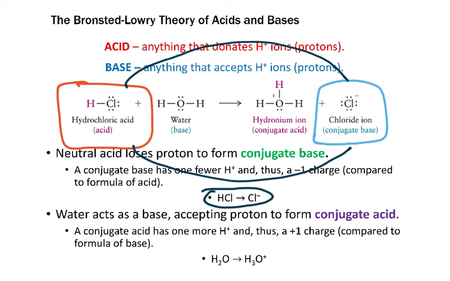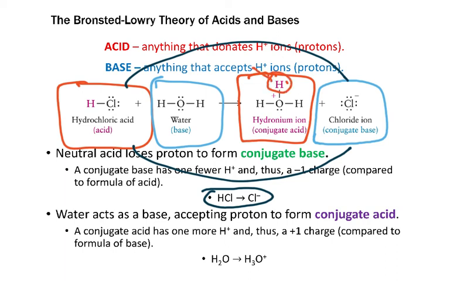And now look at water. Water here is a base, but when it accepts that proton, it could then lose that proton and swap it out. So it's now a conjugate acid. And we see clearly that these two are linked to each other by an H plus.